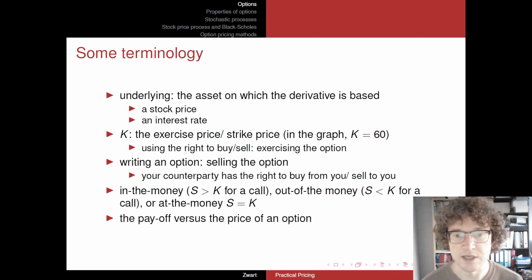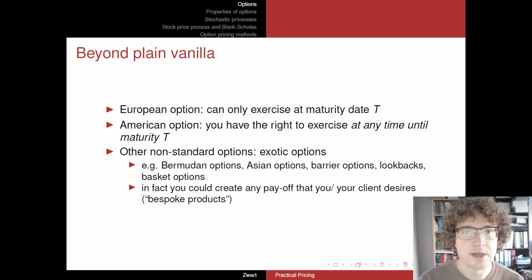So this option itself will have a price, which might be positive even if this option is out of the money. It would be valueless if exercised today, but in the future this option might turn into the money, so that it would have a value at that point in time. So that's some terminology that is useful to know when talking about options.